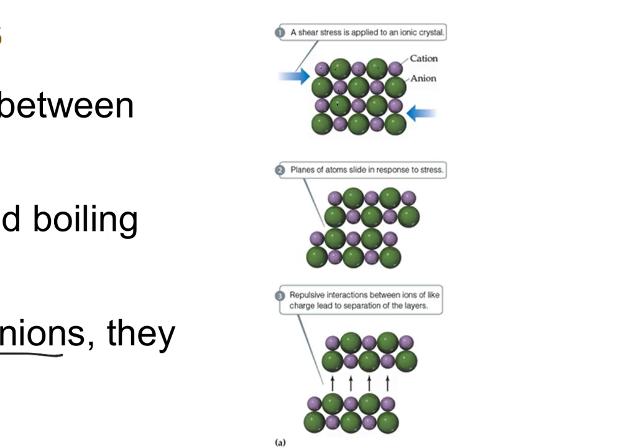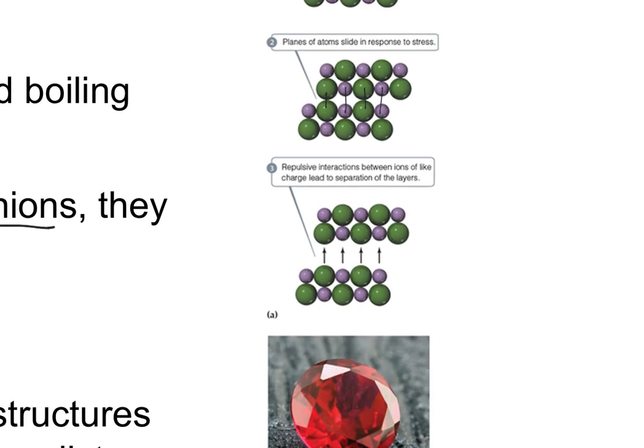If I were to apply a force to these two atoms on the left and these two atoms on the right, basically you're going to shift your atoms so that you have these anions touching and these cations touching, and like charges repel each other. So when we stress these atoms and shift them over so they're not attracted to their neighbor anymore, they're repelled by their neighbor, and it causes them to separate.